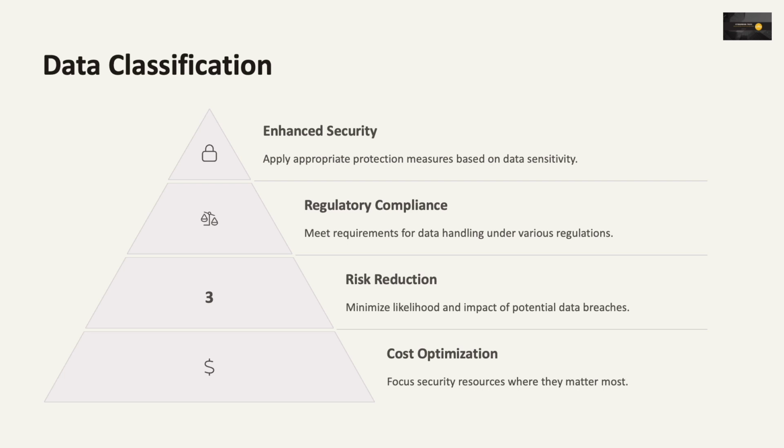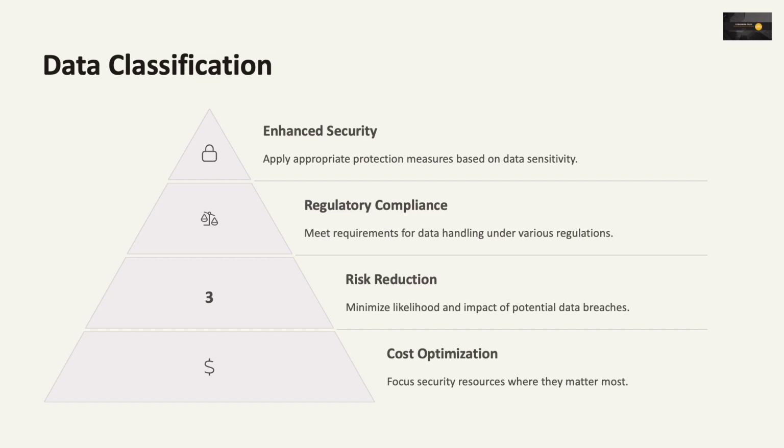Now let's discuss data classification. Data classification is the process of categorizing data based on its sensitivity and value to the organization. And why is it important? Because it helps in prioritizing security measures for sensitive data, and it ensures compliance with regulations like GDPR and HIPAA and many others, whichever is applicable.